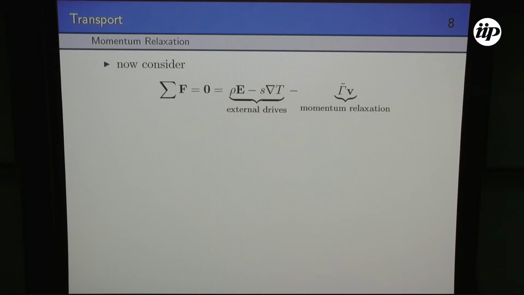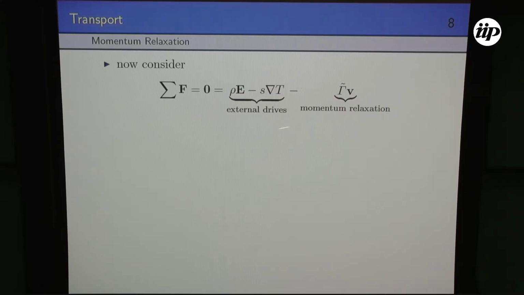Okay. So now I'll write down my force balance equation, and this force balance equation will consist of two pieces. So this term is the Lorentz force, right? If I apply an electric field to a charged object, it experiences a force. There's a thermal analog of the rho times E term.